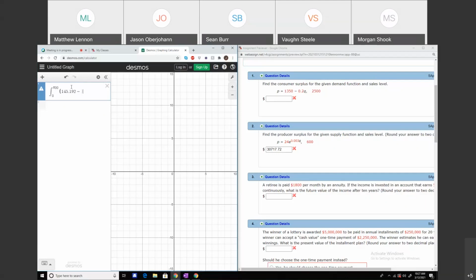I'm going to use x rather than q. 24 e to the 0.003x dx. I get 46,718.02. So let's check that, and then we'll go back and try to find where I made my error.